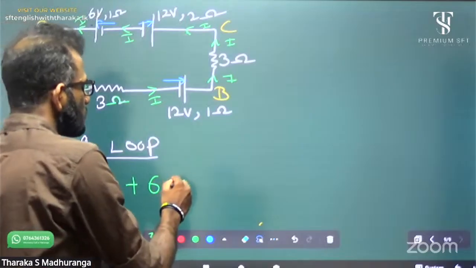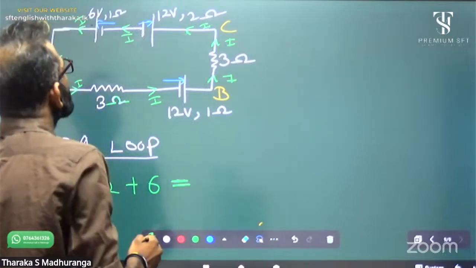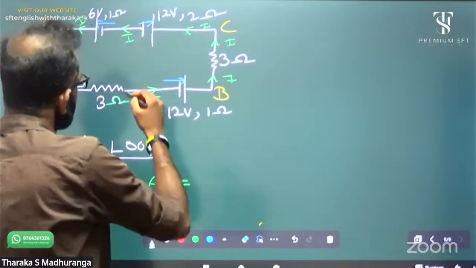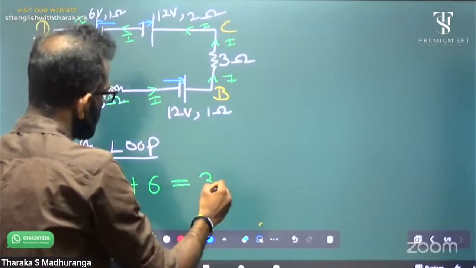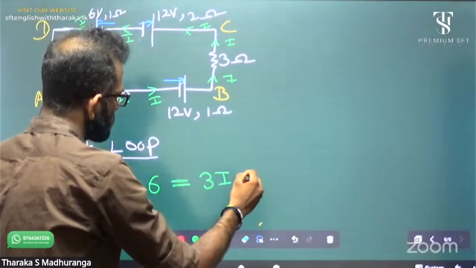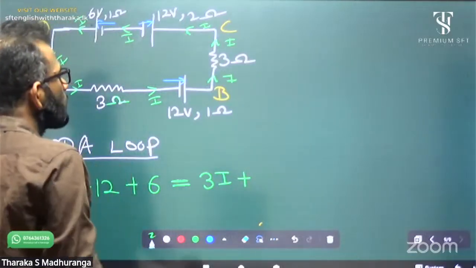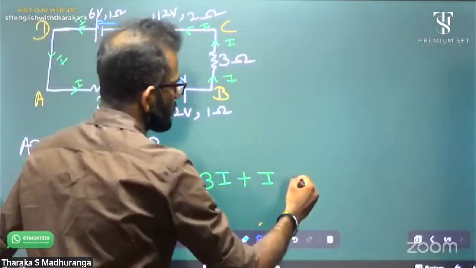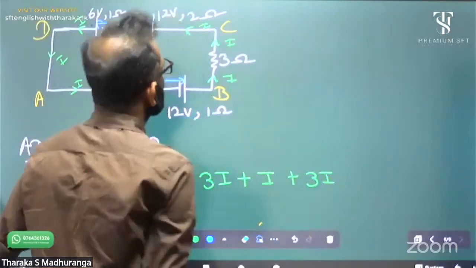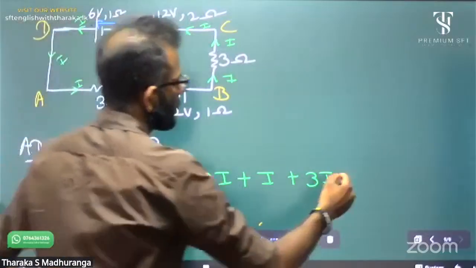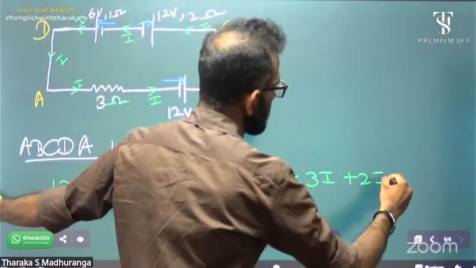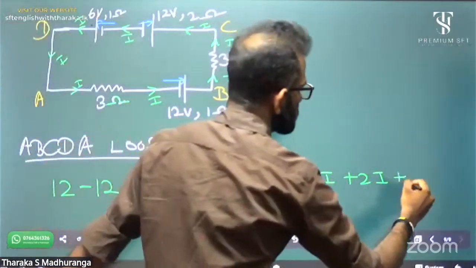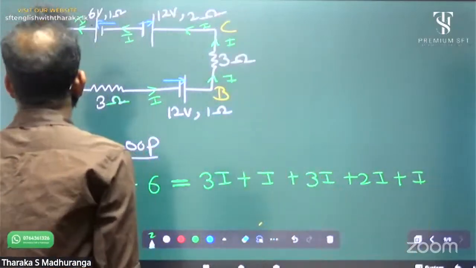Okay, then again start at point A. 3I, my direction and current direction same. I. 3I. 2I. I. Yeah, that's all.